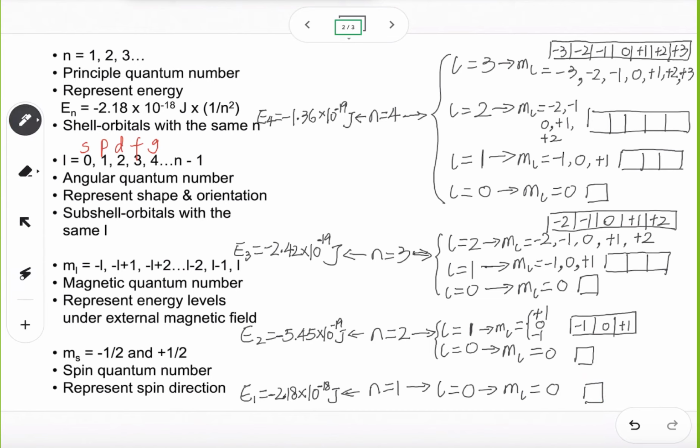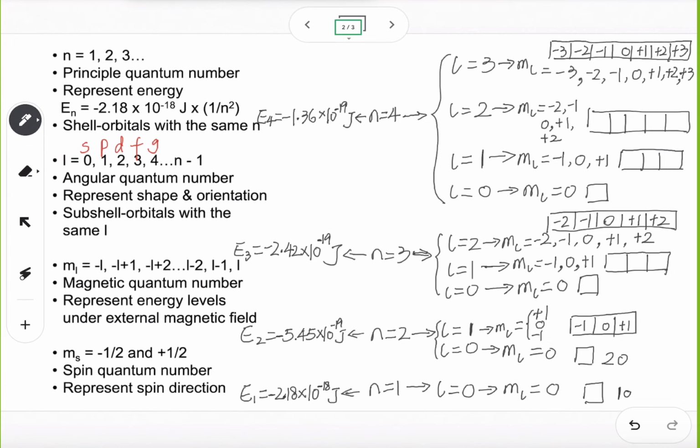Well, you want to show the values of those quantum numbers, right? The corresponding N for this one would be 1, and then L would be 0, so you label that as 1, 0. It looks like a 10, right? And for this one, N is 2 and L is 0, that's going to be 20.